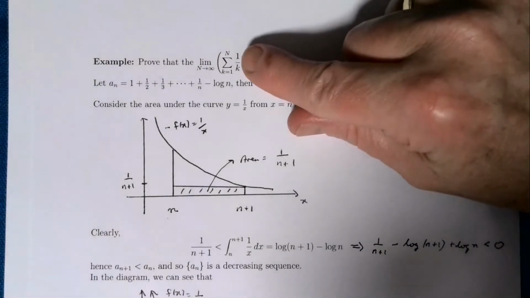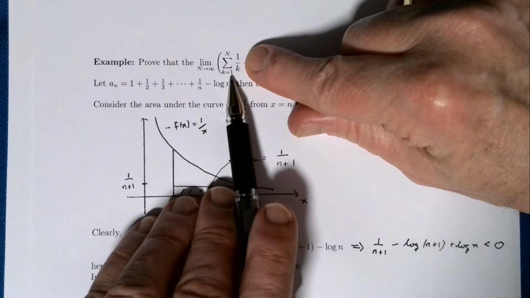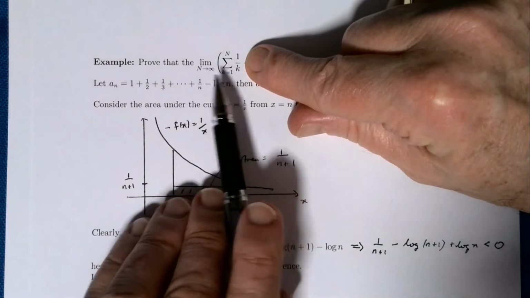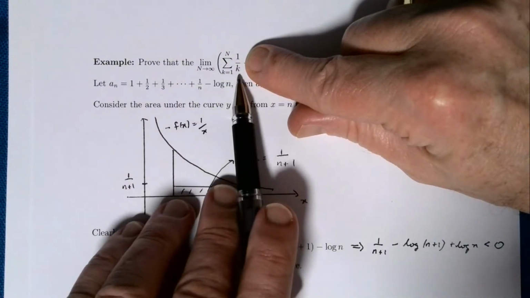We've already seen that this is the partial sums of the harmonic series, which we know diverges. So this limit doesn't exist; it goes off to infinity.